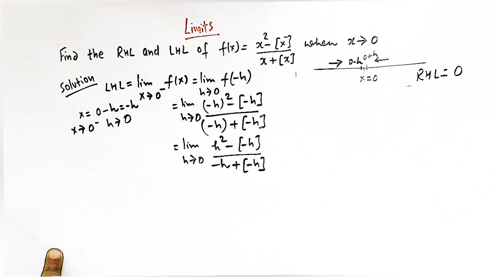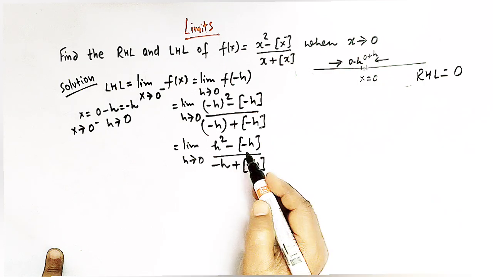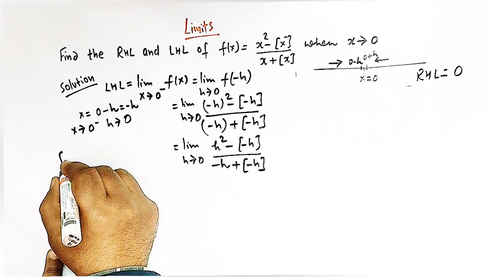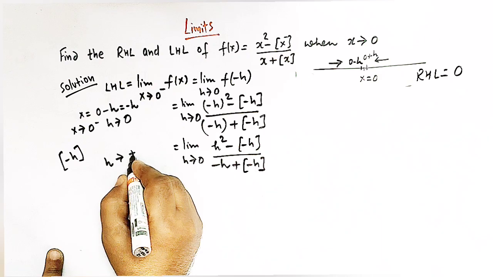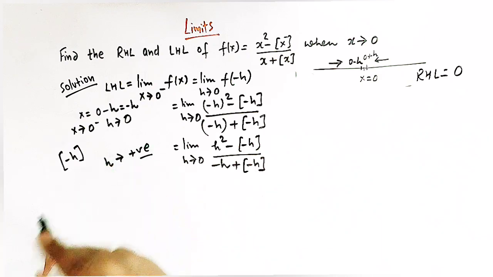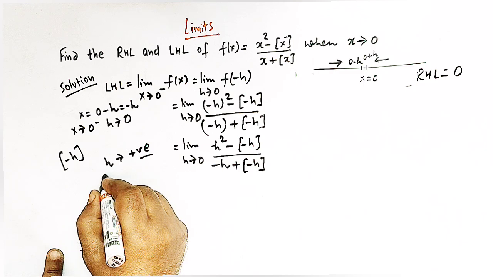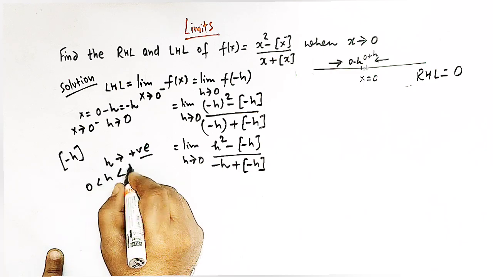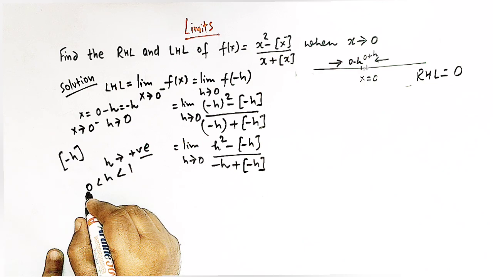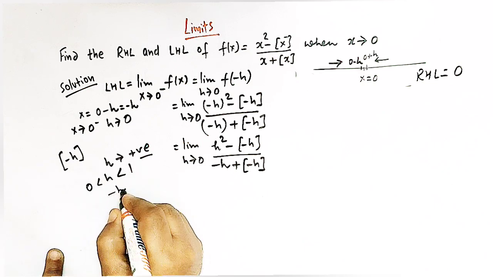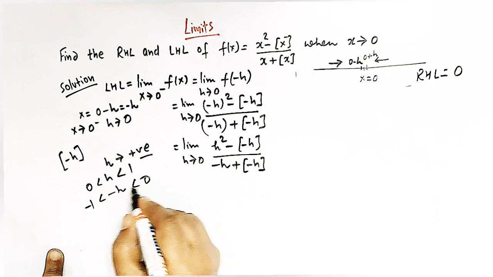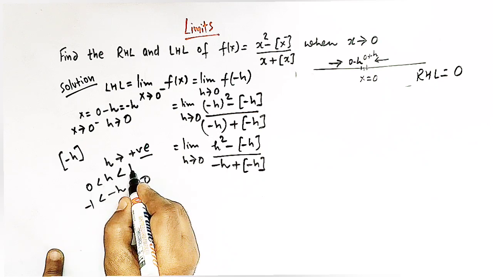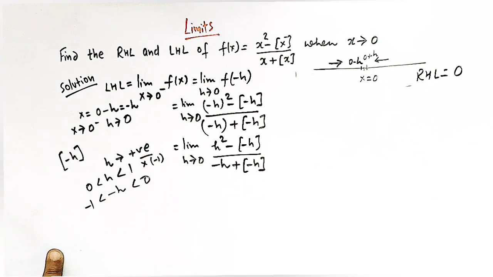So now we have to find out the value of greatest integer of minus h, as we have just seen that h is a positive quantity and it is very very small, that is it is infinitesimally very small. So h, it lies between 0 and 1. So when h lies between 0 and 1, then minus h lies between minus 1 and 0. So this inequality can be obtained by multiplying this inequality by minus 1, right?